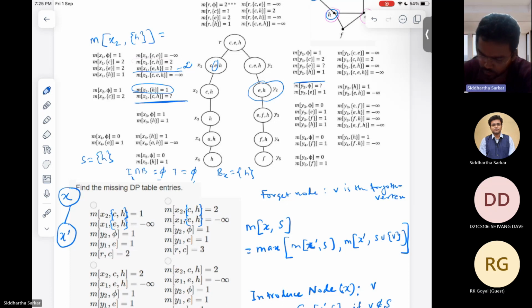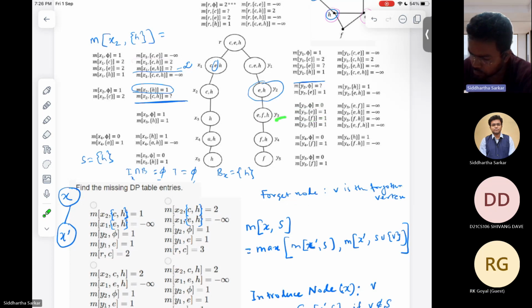So now we are looking at this node, the forget node here, where the forgotten vertex is F. You are interested in the child node of this, so y3 comma phi and y3 comma F. So y3 comma phi is 0 and y3 comma F is 1.